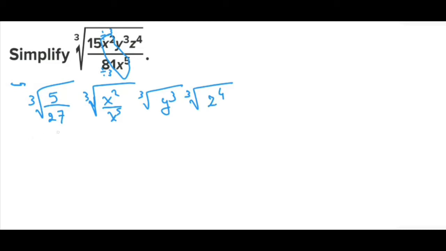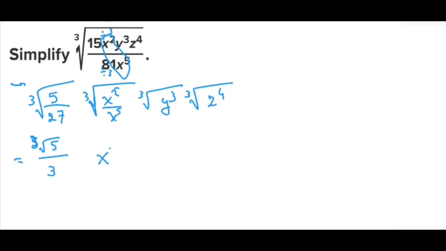Now we're going to work here. First of all, the cubic root of 5 remains cubic root 5. And cubic root 27, we know that it is 3 from the previous example. Now, cubic root of x power 2 over x power 5. Do you remember when we have the same base and we are dividing, we subtract the powers. So we subtract 2 minus 5.